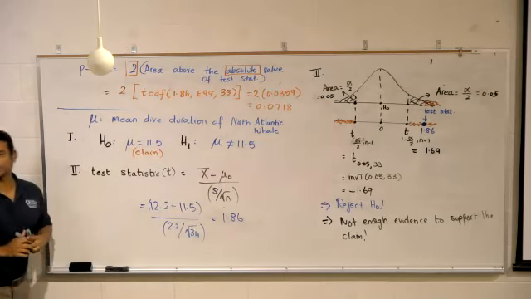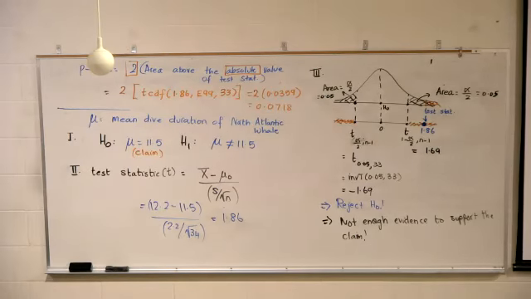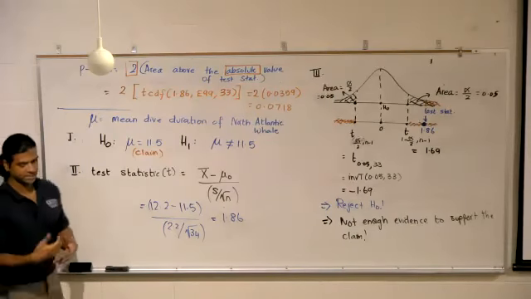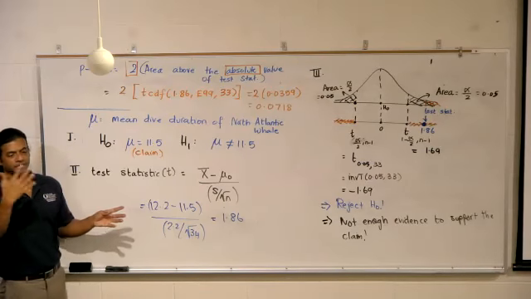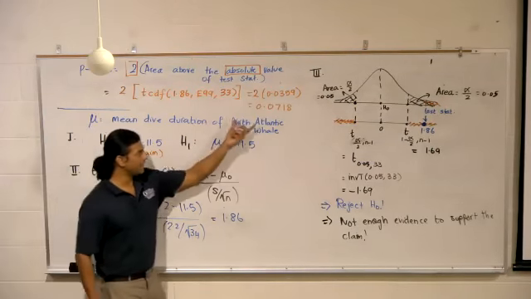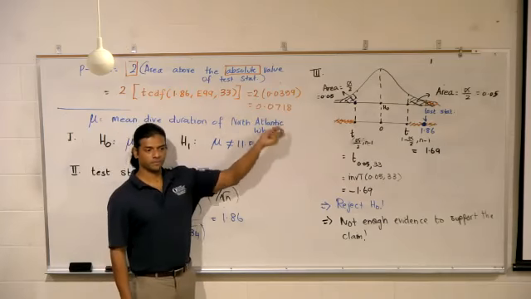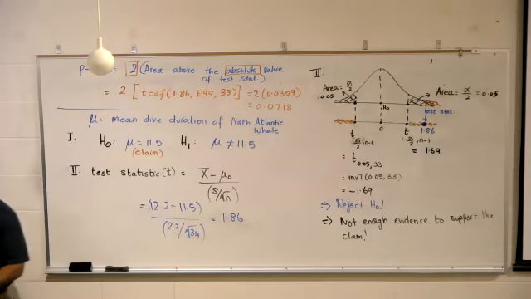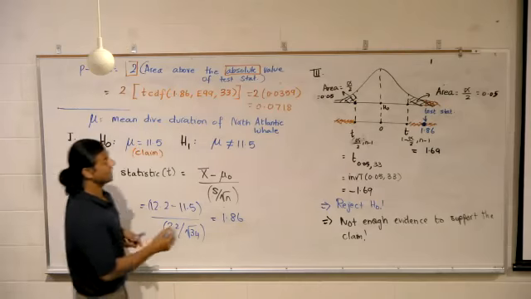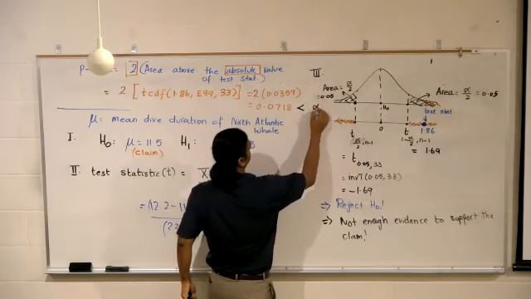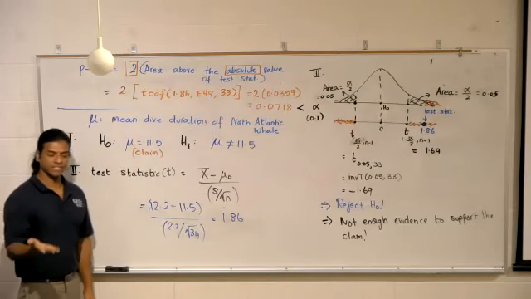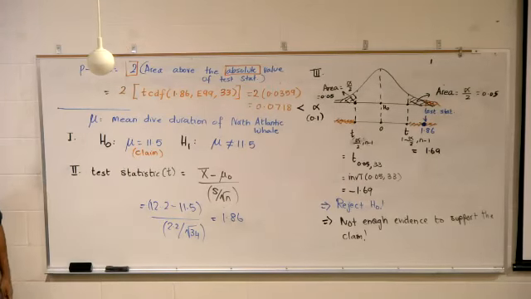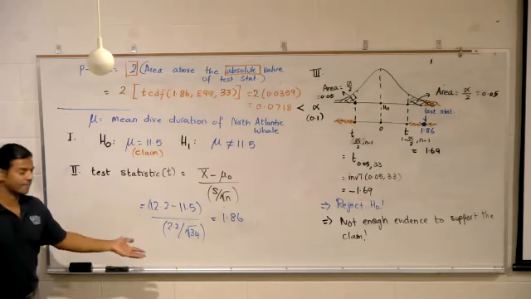0.0718 is 7%, less than 10%. Alpha 0.1 simply means 10%. The p-value is 7.18%. Since the p-value is less than alpha, which is 0.1 given in the problem, we reject the null. The conclusion will be the same.